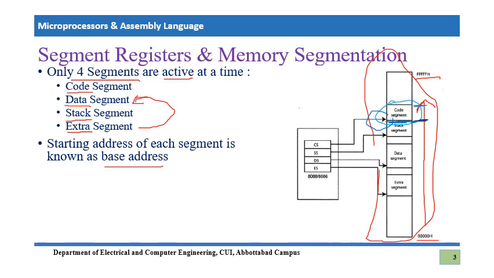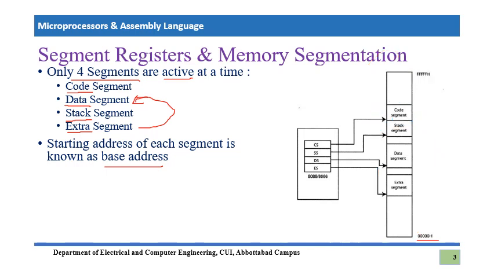The same analogy is applicable to the SS register. For example, that is your SS register. That is the minimum address, and that is the maximum address for the extra segment, and this minimum address is being pointed to by this arrow, which is stored in the stack segment register.